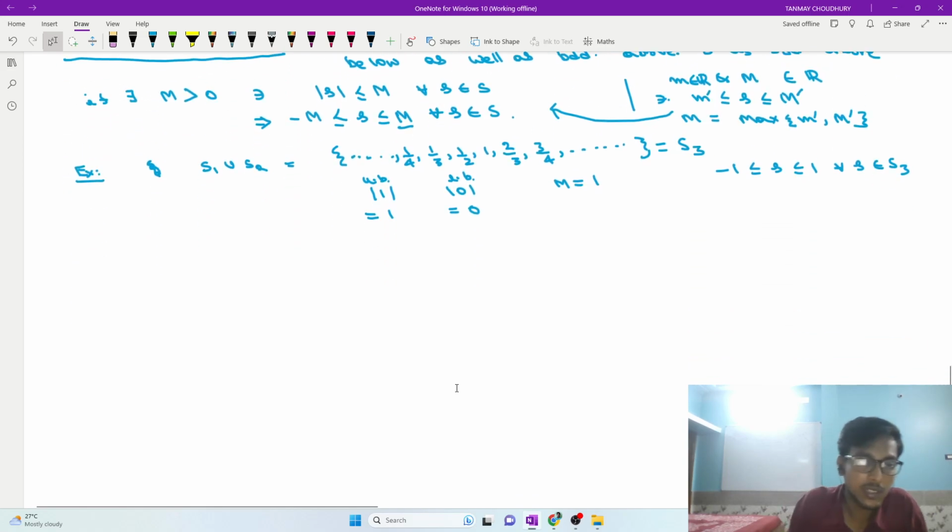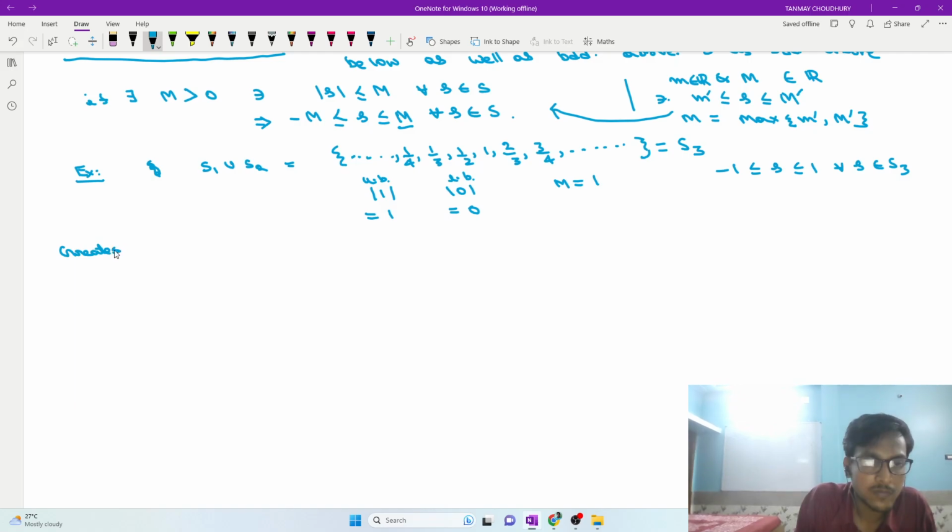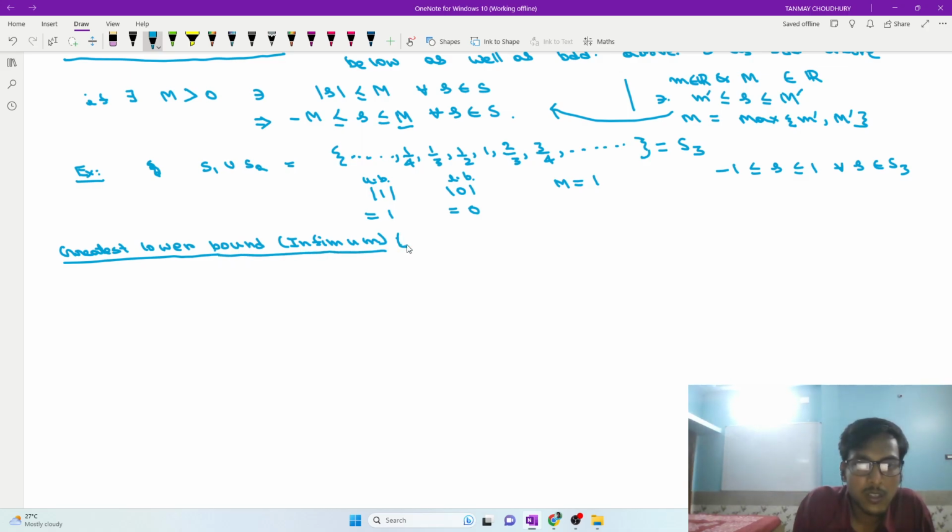So what is greatest lower bound? It has another name, which is infimum. Symbolically we will denote it by GLB, greatest lower bound.